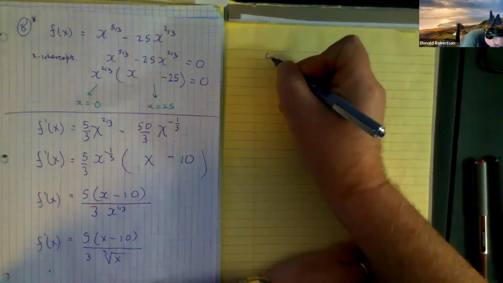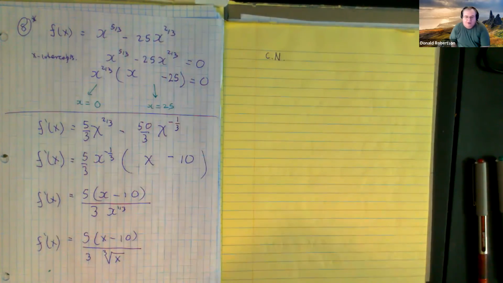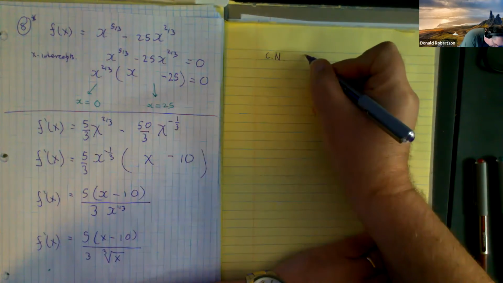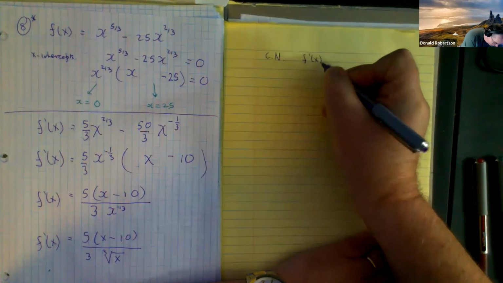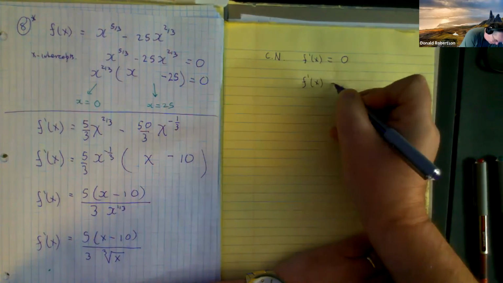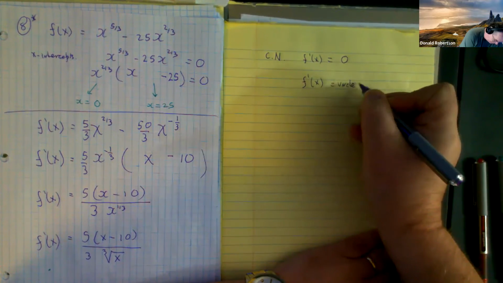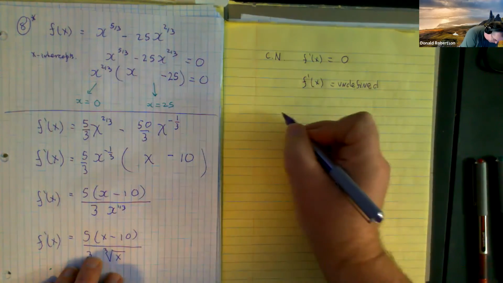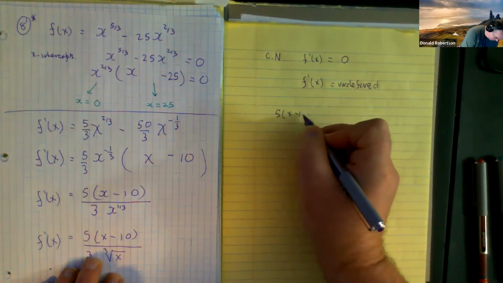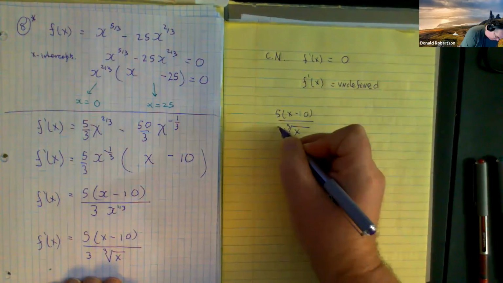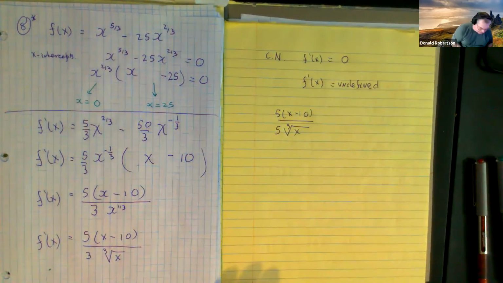What I need to do is use it to find critical numbers, places where things that are useful are going to happen. So I'm going to find when is the derivative 0, and I'm also going to find when is the derivative undefined. Well, the derivative is this guy. Okay, that's the derivative.